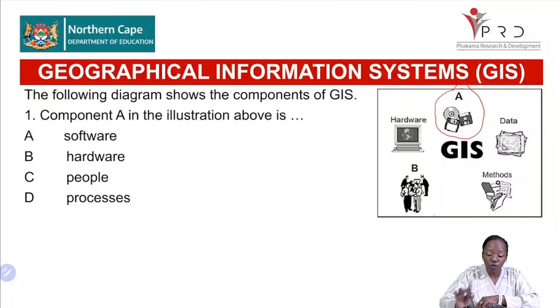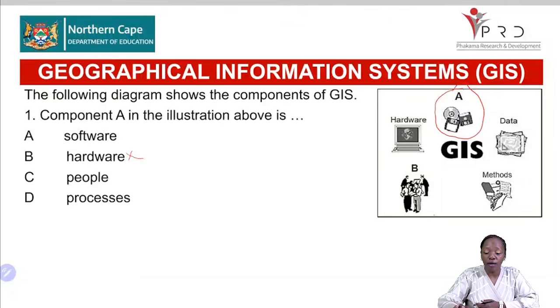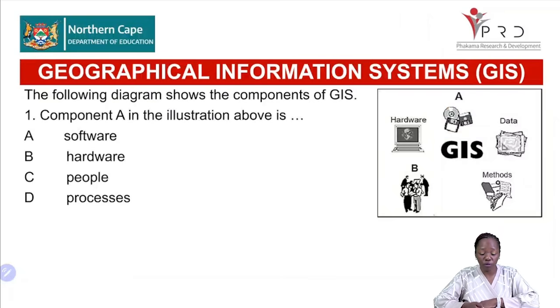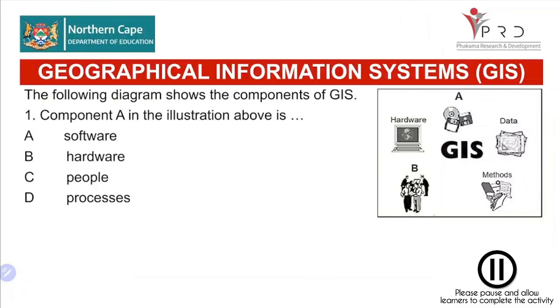So hardware you are already given, so it means definitely it's not this one. So here we're looking at the software, the people, as well as the processes. Then I'm going to give you just 1 minute, and then after 1 minute, we proceed with the correction.